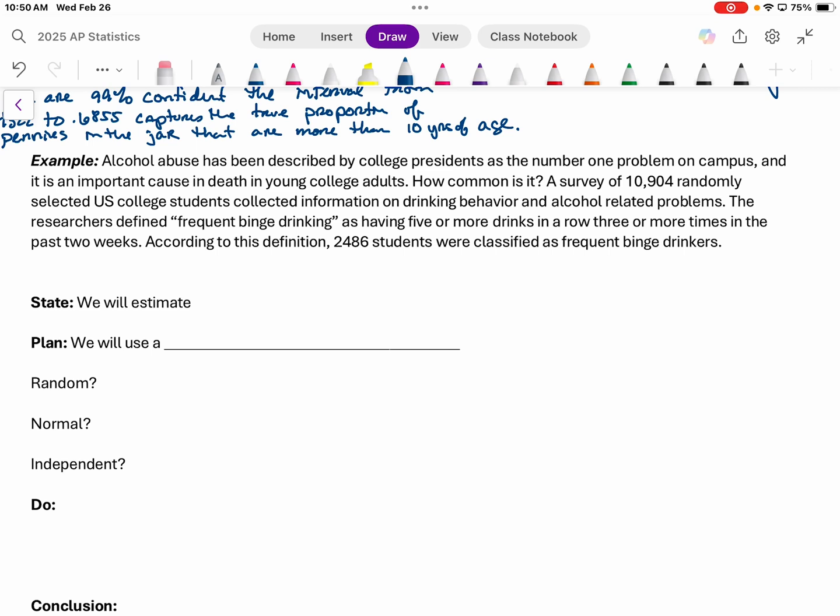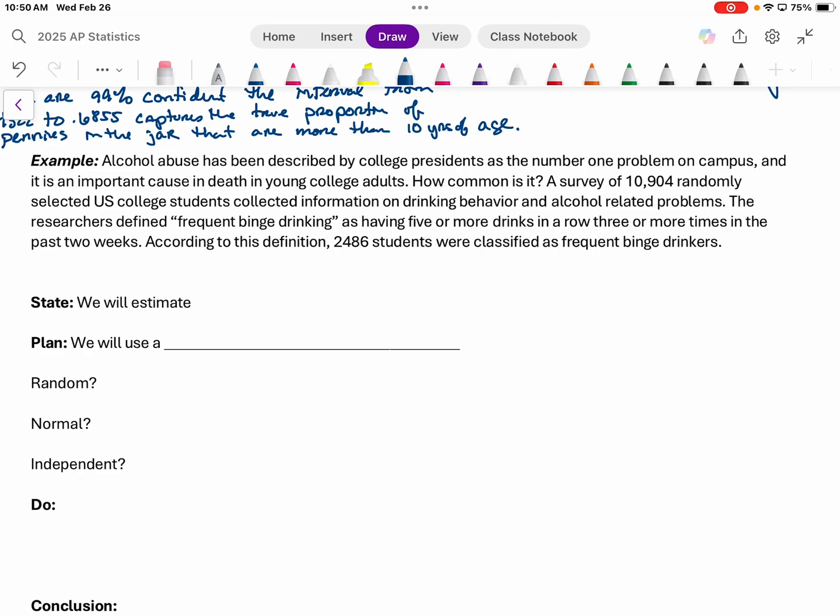The researchers defined frequent binge drinking as having 5 or more drinks in a row, 3 or more times in the past 2 weeks. According to this definition, 2,486 students were classified as frequent binge drinkers. They want us to do a full confidence interval write-up, the whole process.